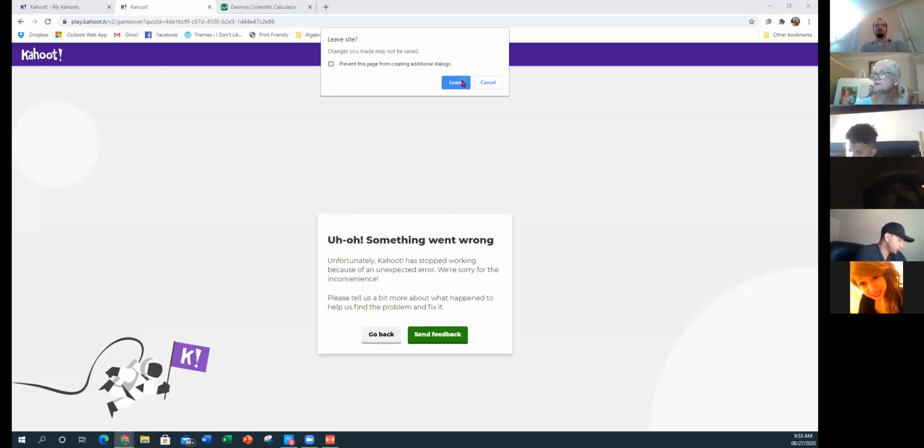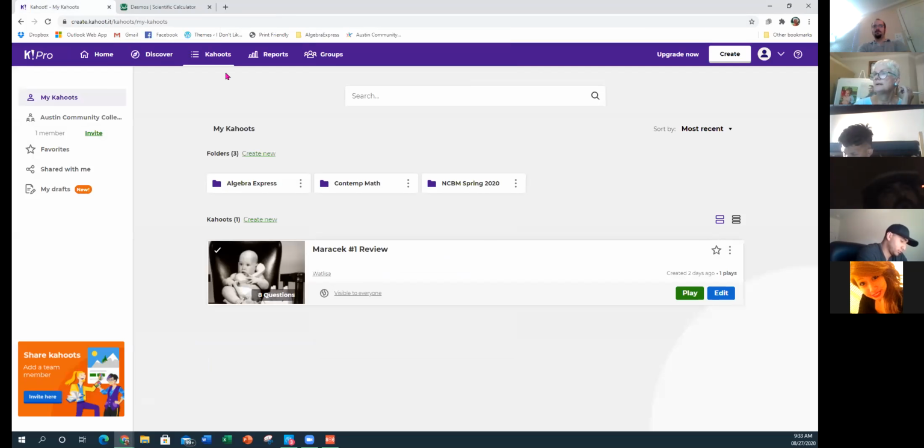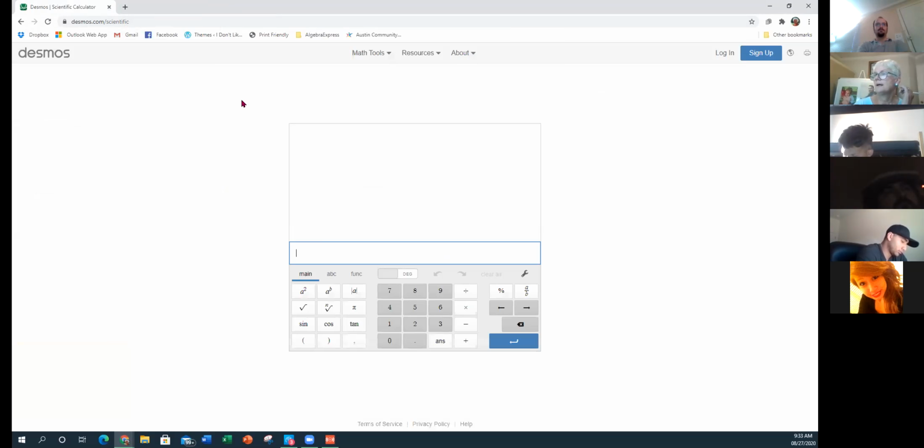Okay, so today, before I move on, I wanted to show y'all this calculator, Desmos. To get to it, you just go to desmos.com and go to scientific. What I like about these calculators is that if you want to do fractions, you just hit the little fraction key, so you don't have to worry about parentheses as much.